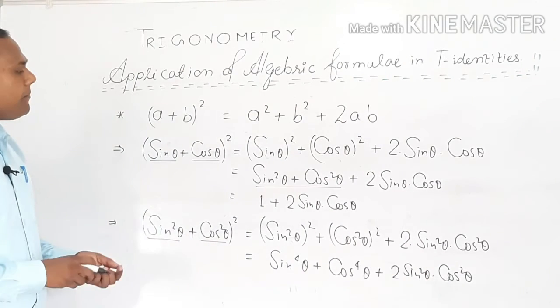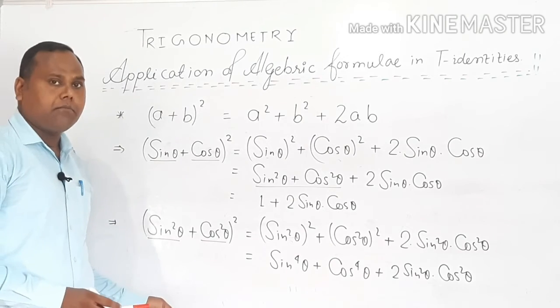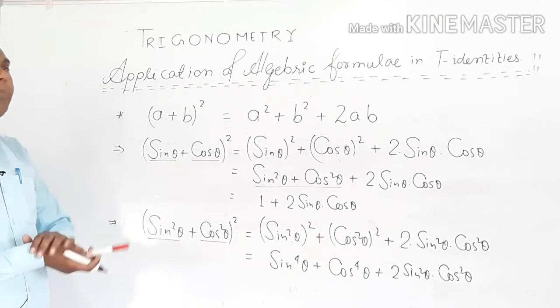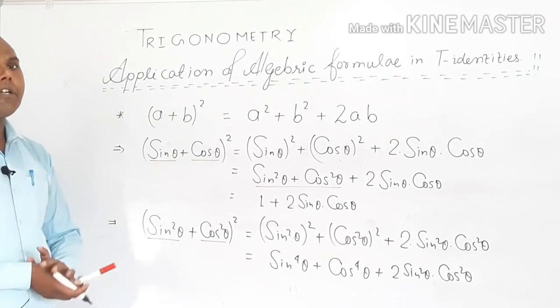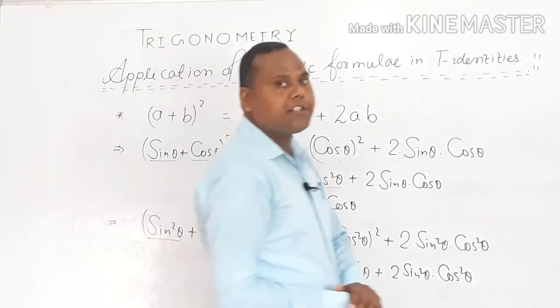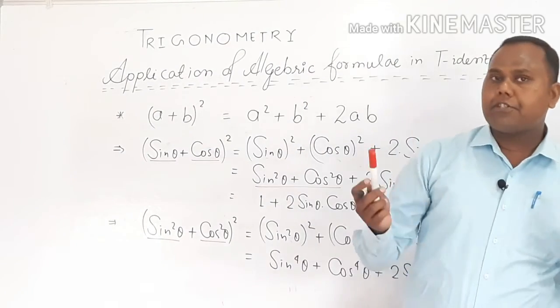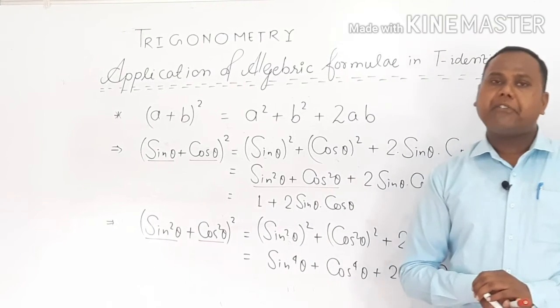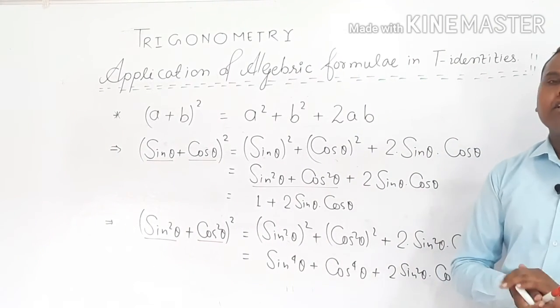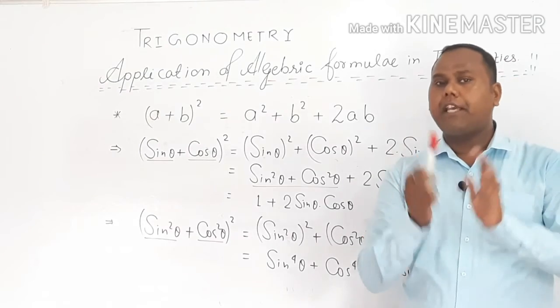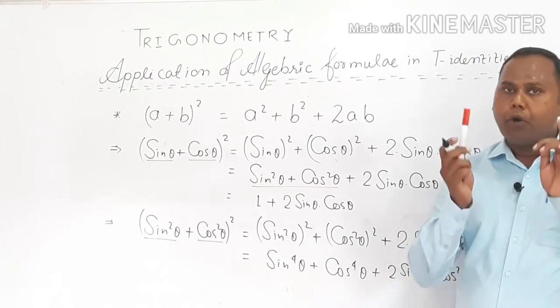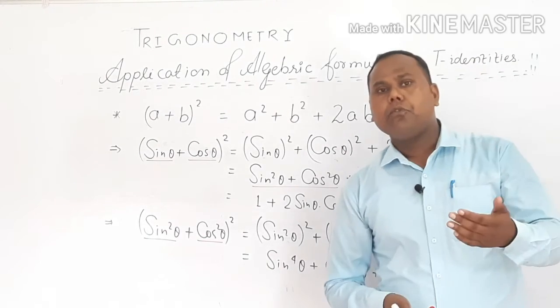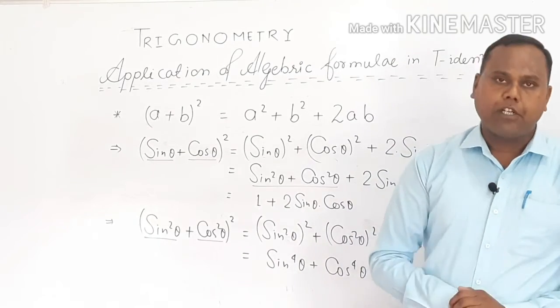So you can break numerous formulas in this way. Always remember, a plus b the whole square means first term the whole square plus second term the whole square plus twice of first term into second term. This is the important way to learn the formulae.